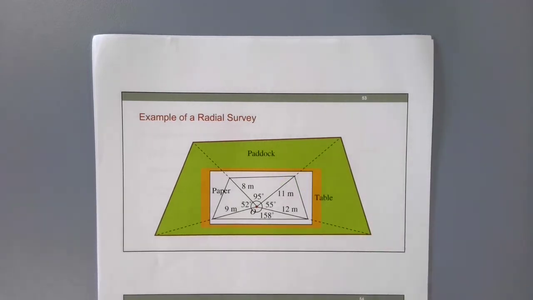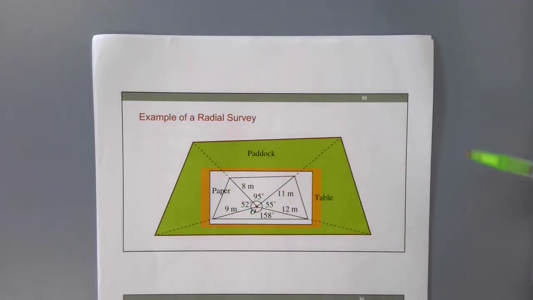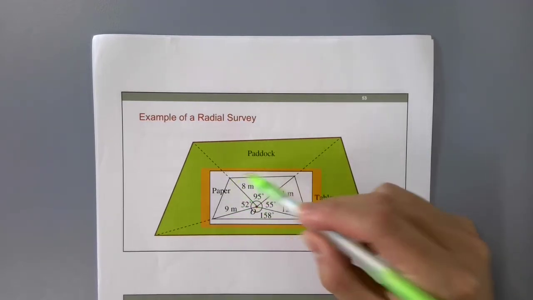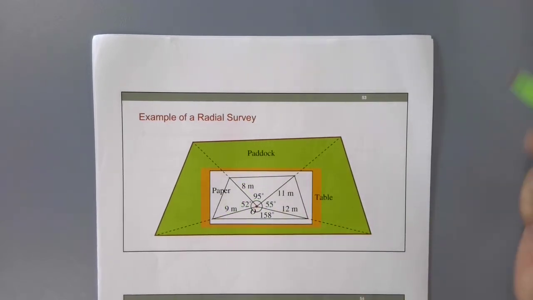Now, the reason this is helpful is because we can now start to use trigonometry to work out the area of different sides. We could also use trig to find out the length of these sides here. And that's using like the sine rule, the cos rule, and other things related to that.